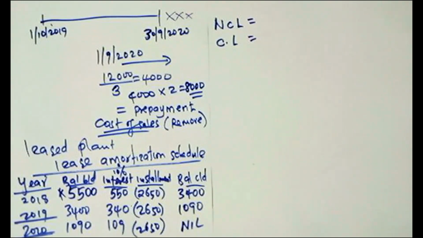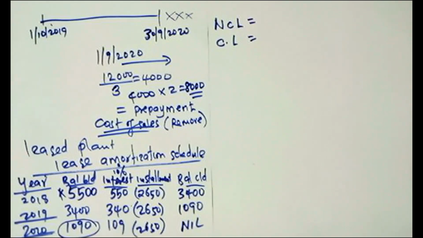So the obligation which is paid within one financial year, within the 12 months, is what we call current liability. Then the one which would be paid after 12 months is what we call a long-term liability. So right now here, for the long-term liability, is this 1090?